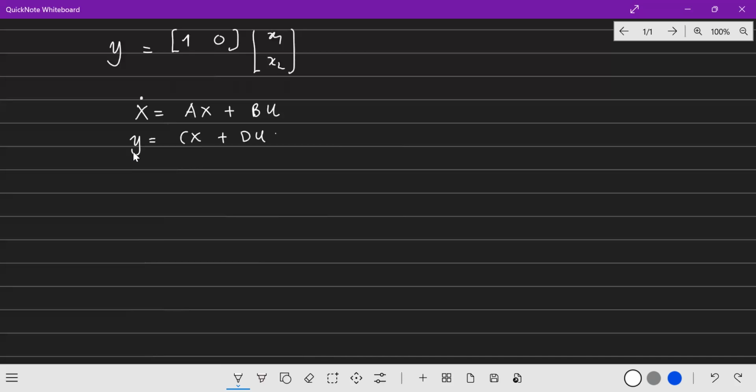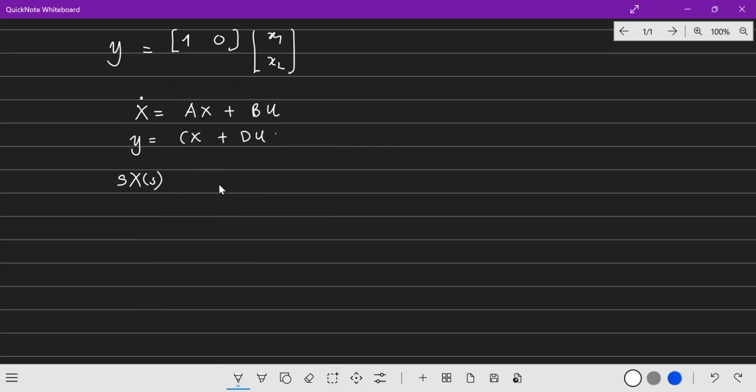So let us find the Laplace of this. The Laplace of x dot is simply sX(s) minus x0, the Laplace of the first derivative. But we said that x0 is equal to 0, because that's the definition of a transfer function, under zero initial conditions. So we're going to neglect this term.